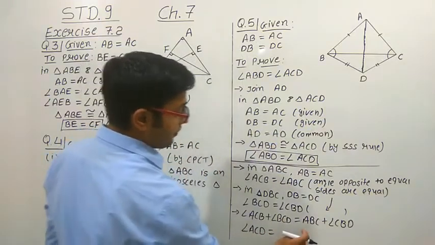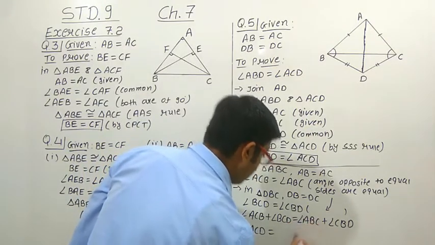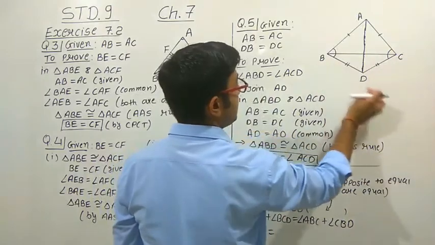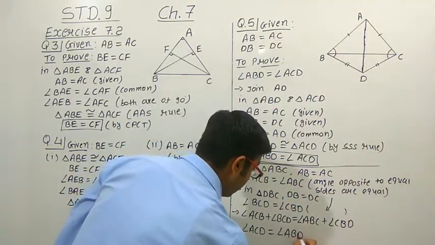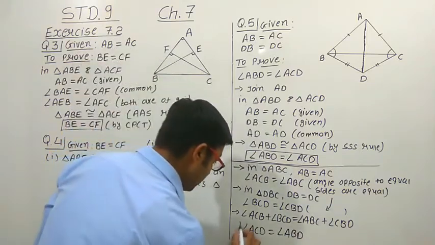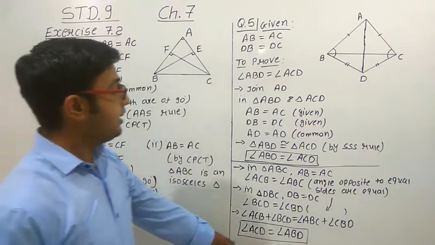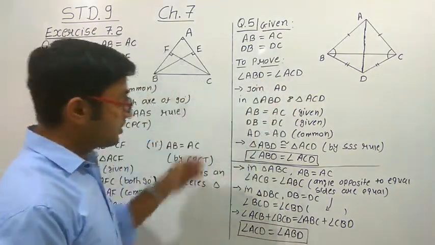In the same way, angle ABC plus angle CBD means angle ABD. So this is the other method by which we can prove that angles ACD and ABD are equal.